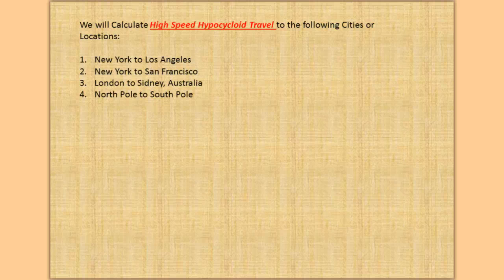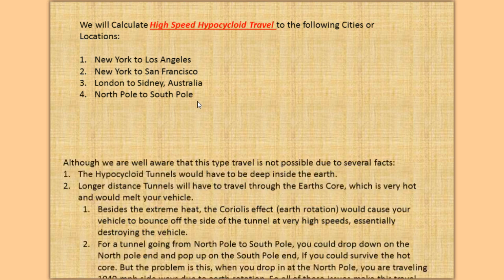And we're going to look at how deep they get and how they close in on a certain value the further away the two cities get. It's New York to San Francisco first, then New York to Los Angeles, then London to Sydney, Australia, and then North Pole to the South Pole. London is up towards the top of the Earth, and Sydney, Australia is down towards the bottom of the Earth.